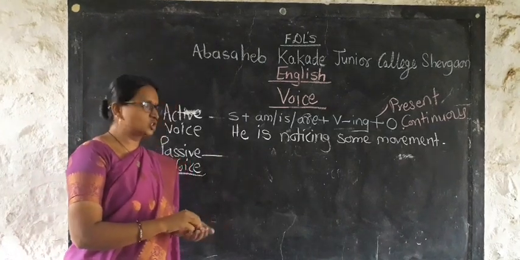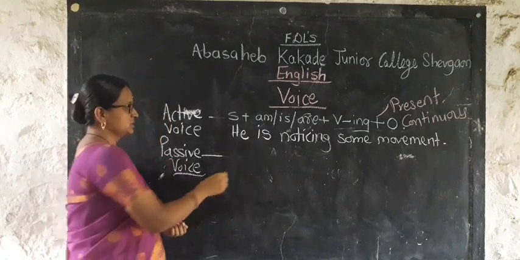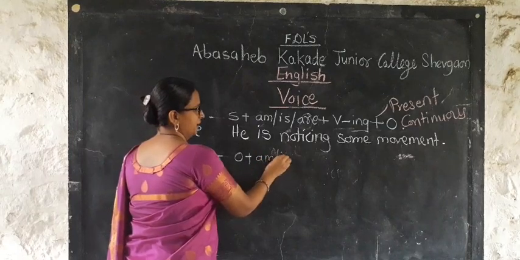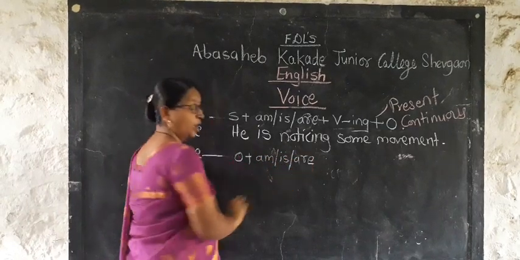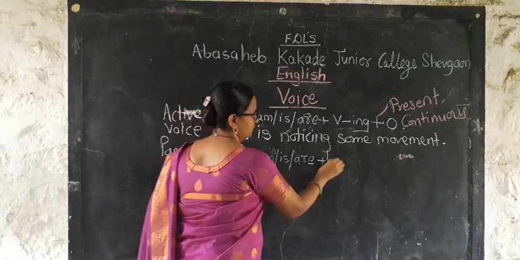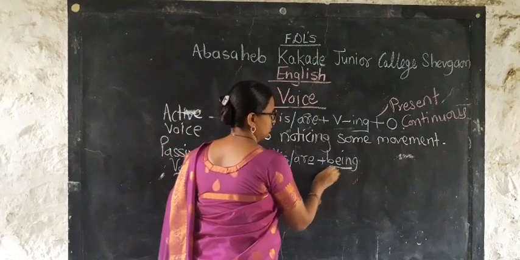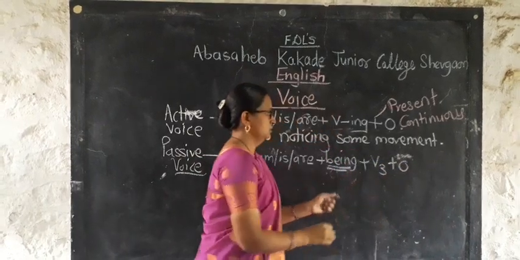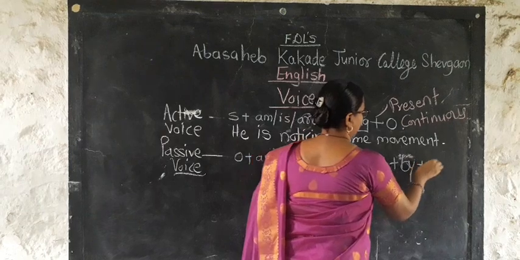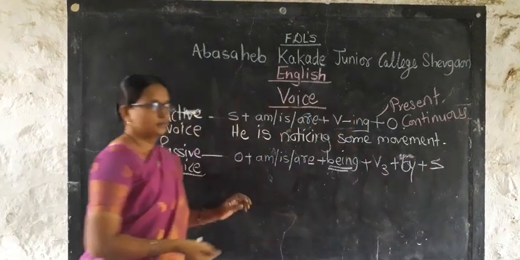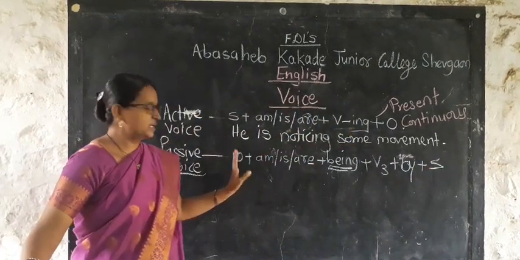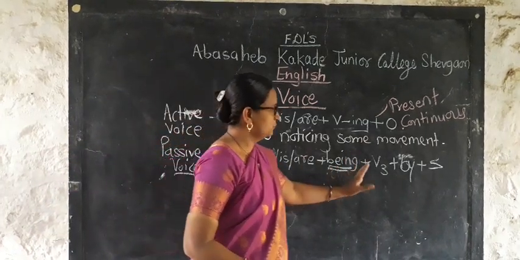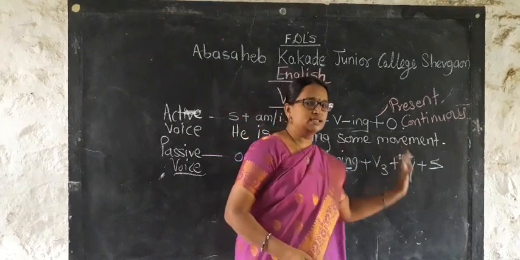And now what is the structure of passive voice? Here object plus am, is or are plus being plus V3 plus by plus subject.